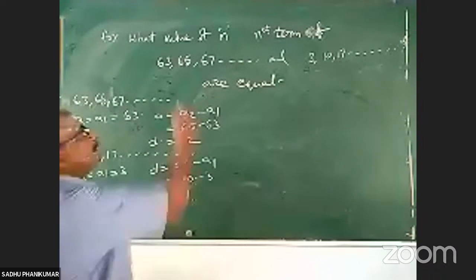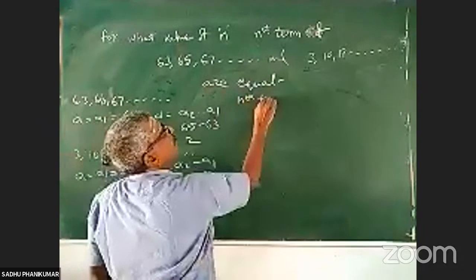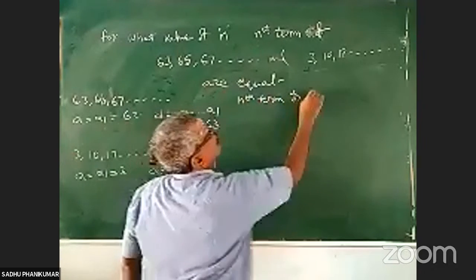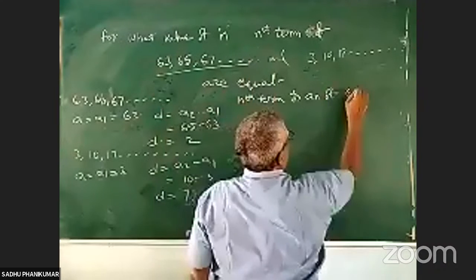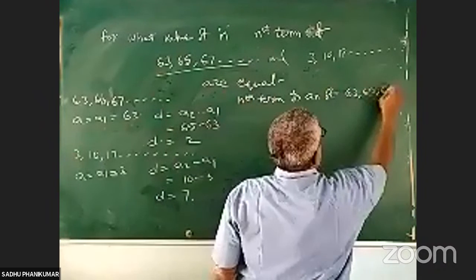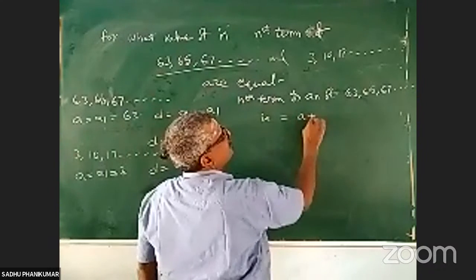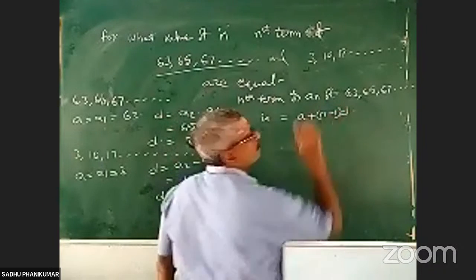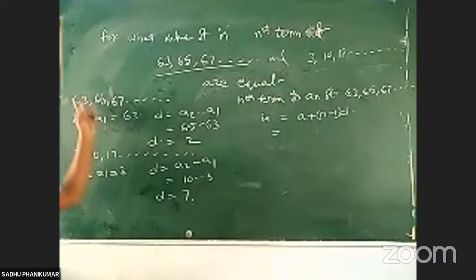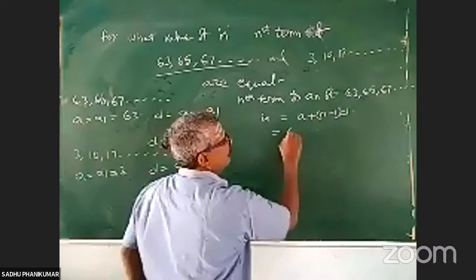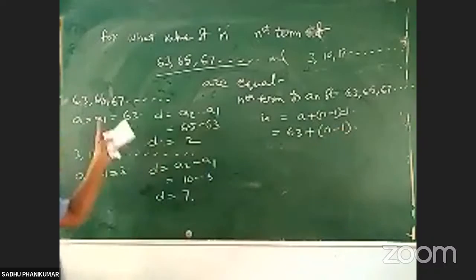Right. In the first progression, I am writing the nth term, an, of 63, 65, 67, that is A plus n minus 1 into D. A is equal to A1 is equal to 63, plus n minus 1 into D. What is the D value?